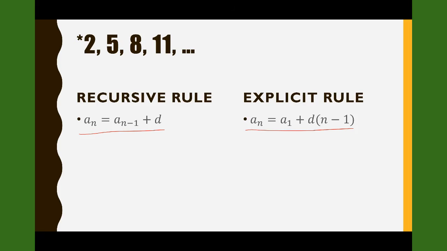What do those two terms mean? A sub n just means the current term. Suppose this is A sub n, the current term. A sub n minus 1 is the term or the number before it. So if that was A sub n, this would be A sub n minus 1.